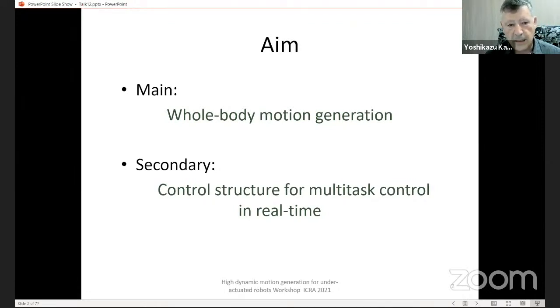I hope you will be interested in our control structure, which is not only for dynamic motions but also for tasks like multi-contact control and so on in real time. So our point is to generate all these motions and tasks in real time.